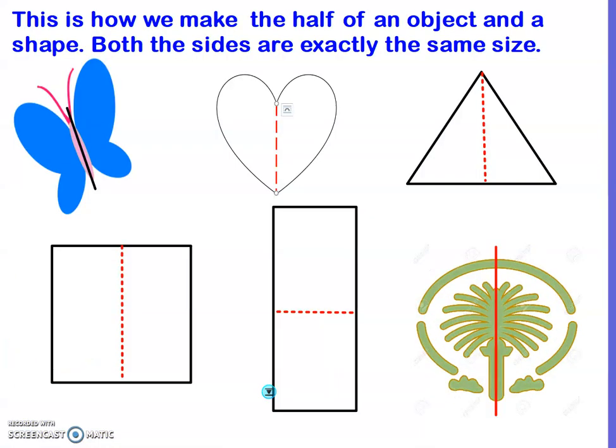Now for here, do you see the square has been cut into a half? What has happened to a rectangle? It is cut in another way also, from side to side. The heart has been cut from top to bottom, and the butterfly has been cut into a half.